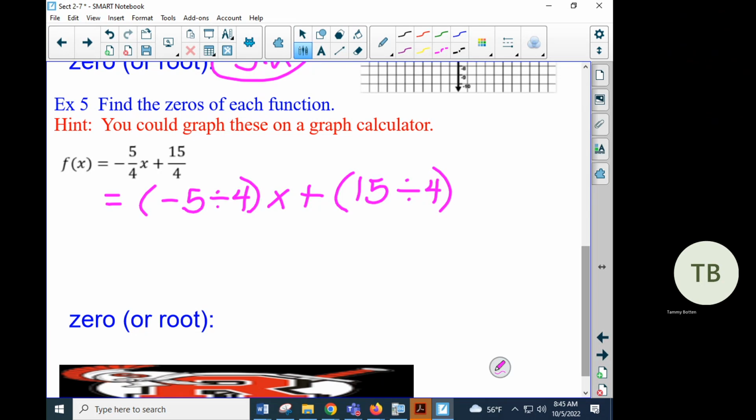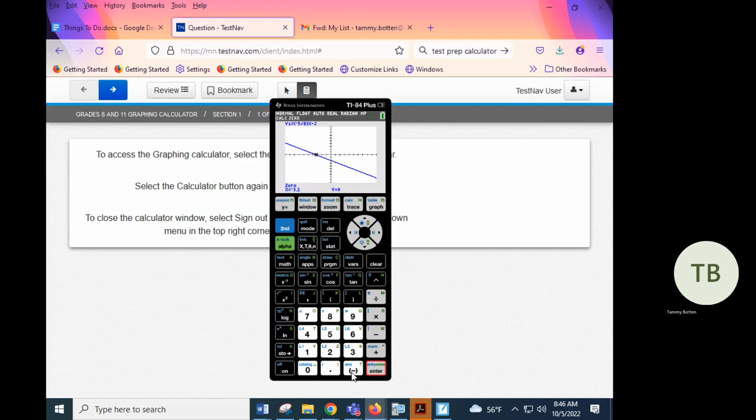So that's how we type that into our calculator. So if I try to do that, I'd go to my y equals, I'd clear it, I'd go with parentheses, was it -5/4? So I put that as a division problem, and then I did do x, which is to the right of my alpha key, and then it was plus 15/4.